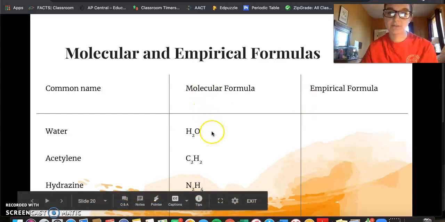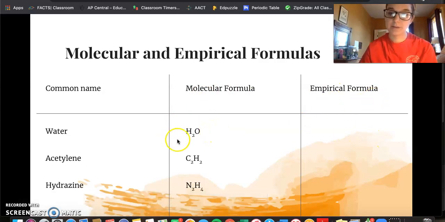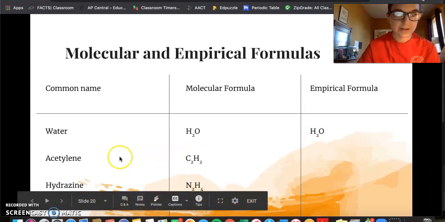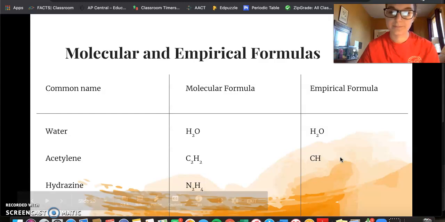So here, if we have the molecular formula of water, H2O, to find the empirical formula, we find the lowest whole number ratio of hydrogen to oxygen. In this case, it is still 2 to 1, so the empirical formula is the same as the molecular formula, which is fine. Acetylene, C2H2, lowest whole number ratio, you should find to be 1 to 1, so it's CH for the empirical formula.